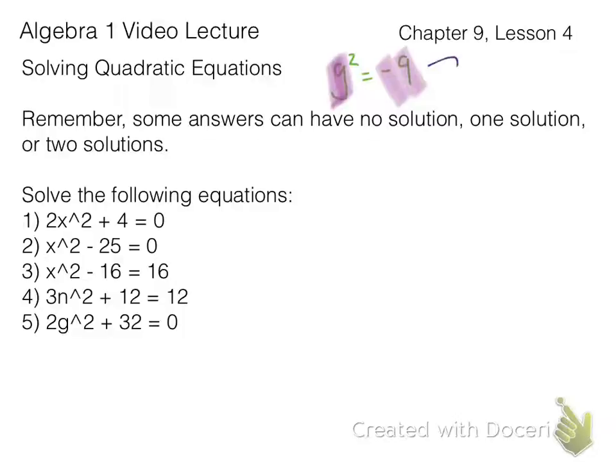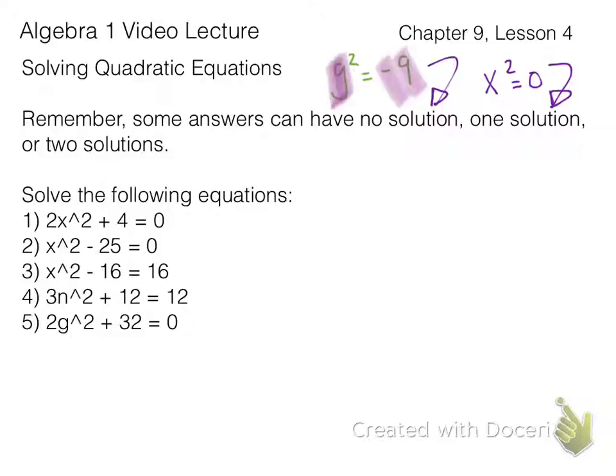This is a no solution situation. Whereas one solution is basically something that could look like this: x squared equals 0. Well, 0 times 0 gives you 0, and that is a one solution situation where only 0 can give you a 0 outcome.